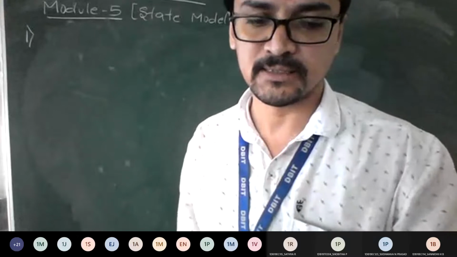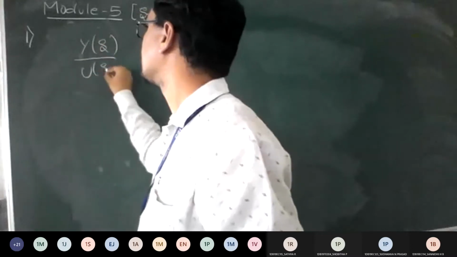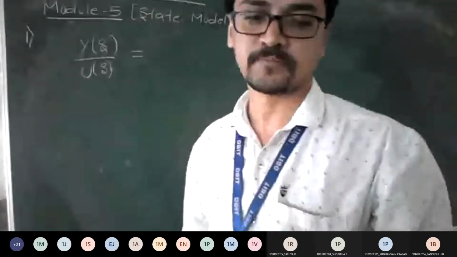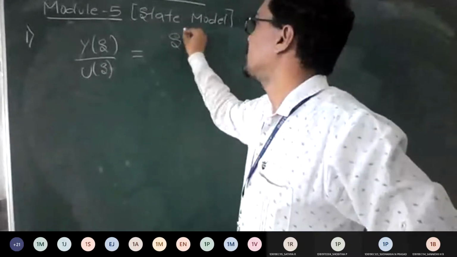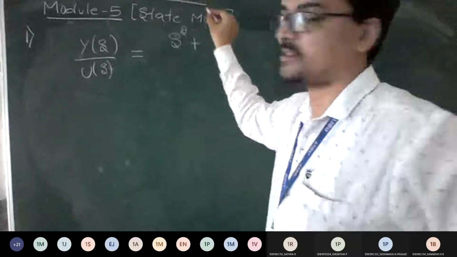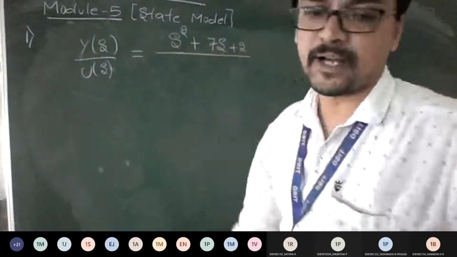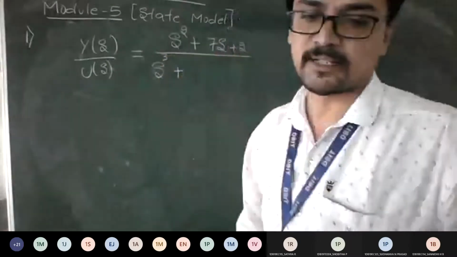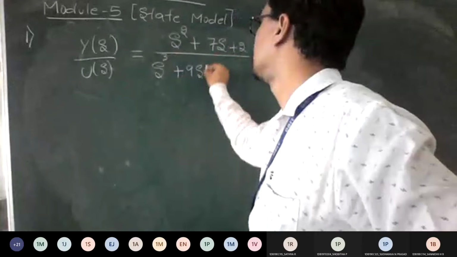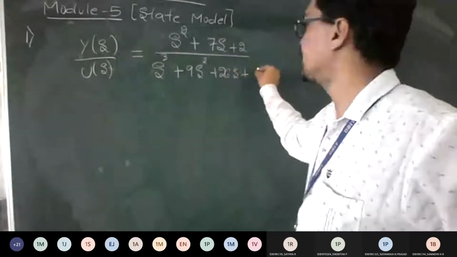They have given the equation, guys: Y of s by U of s equals s square plus 7s plus 2 whole divided by s cube plus 9s square plus 26s plus 24.